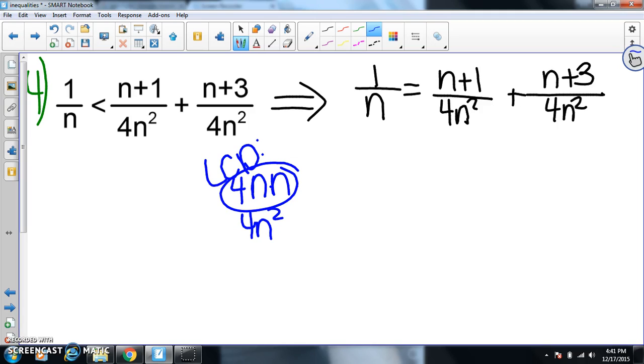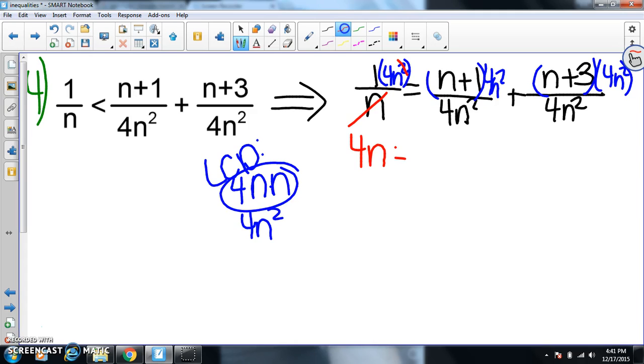I'm going to multiply each numerator by 4n squared, and I am going to cancel out. So if I have an n in my denominator, I can cancel out one of these n's, and I'm going to be left with 4n is equal to. I have a 4n squared and a 4n squared, so I'm left with n plus 1. I have another 4n squared and another 4n squared, so I'm left with plus n plus 3.